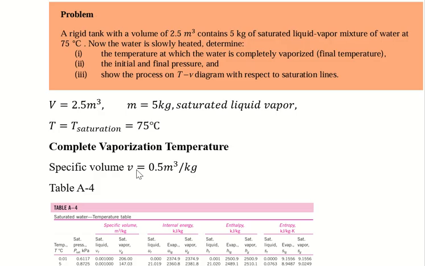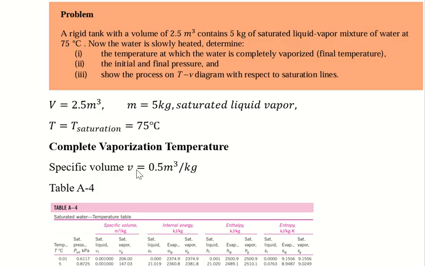We're going to look at that in a while, and you'll see why. The clear reason is that if it's completely vaporized, the portion of the liquid is barely zero, so we can clearly assume that the specific volume we have is equal to the specific volume of the vapor phase, and that's what we're going to do.